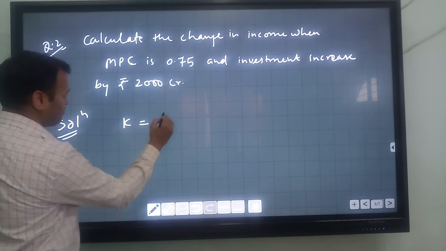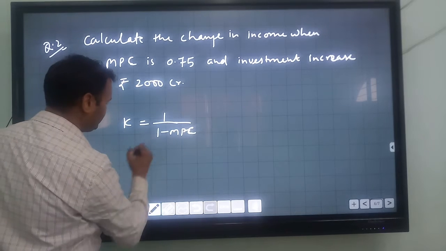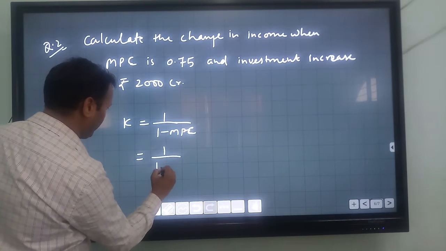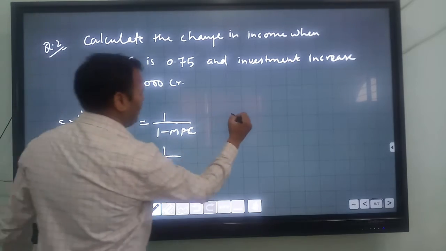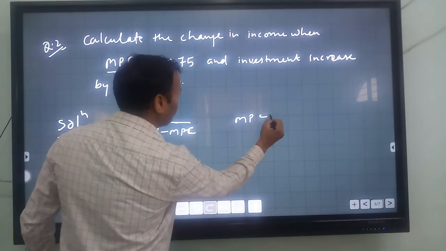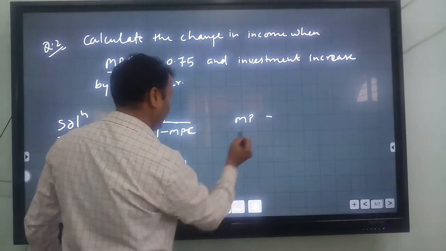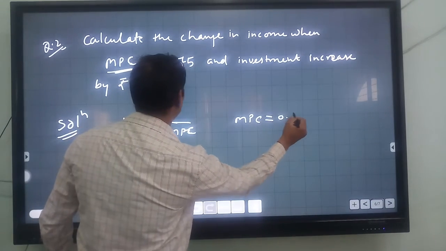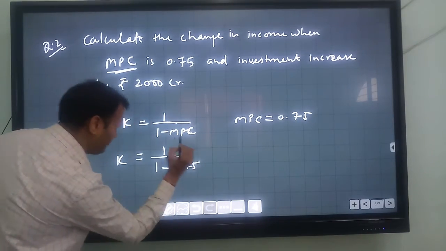As you know, K is equal to 1 upon 1 minus MPC. MPC is 0.75. So we just put 0.75 here.